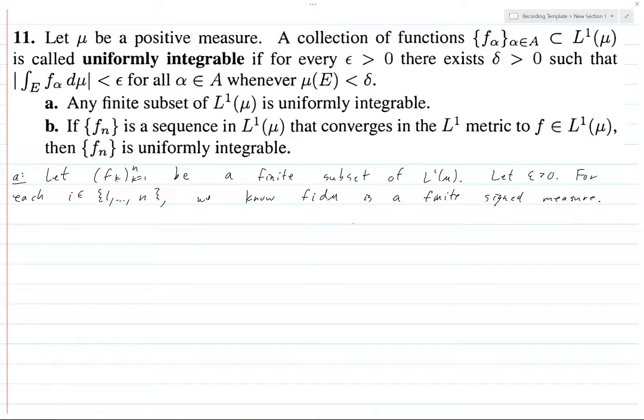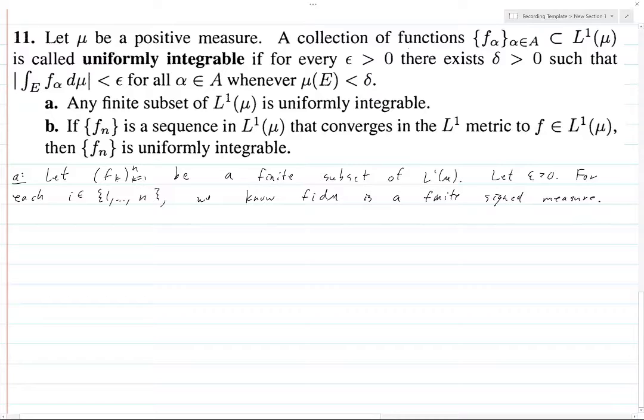And it's a finite signed measure because it's signed because f takes on potentially positive and negative values. And that is, of course, assuming that all these functions are mapping onto the real line.